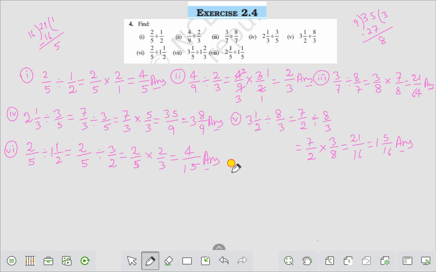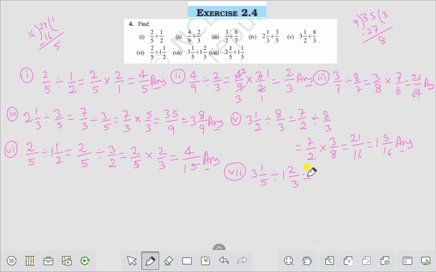Now question number 7 is 3 whole 1 by 5 divided by 1 whole 2 by 3.